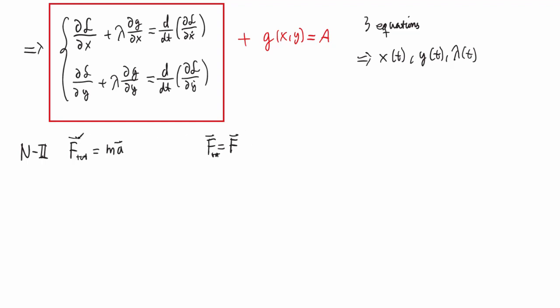Let's make these vectors. The total force is the non-constraint force plus the constraint force. And for the Lagrangian method to work, we know we are able to write the non-constraint force as the gradient of a potential. So that's minus gradient of U. But as far as the constraint force is concerned, that's not necessarily possible, so we have to keep it this way.